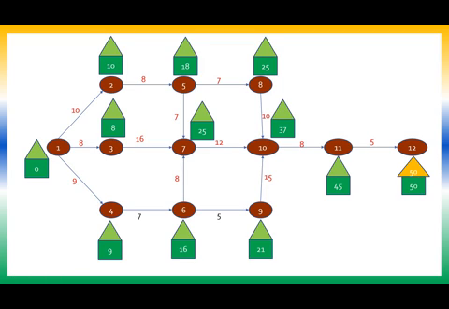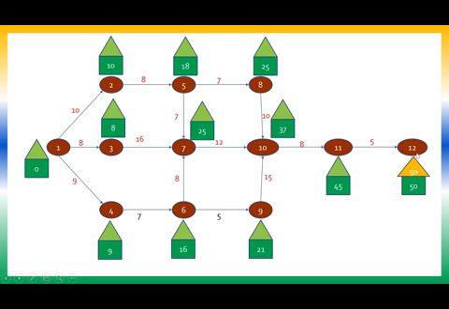Now the backward pass computation has to begin. The first assumption in the backward pass is that whatever is the value of the early time estimate at the last node will be its latest time estimate. Whatever value is in the rectangle of the last node has to be copied to the triangle as well.